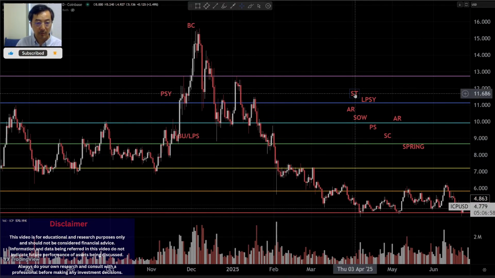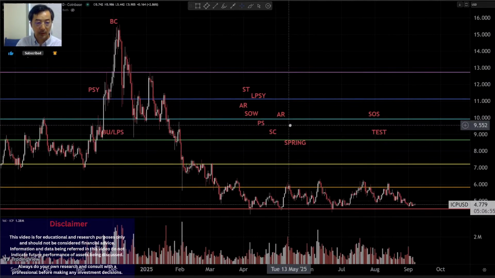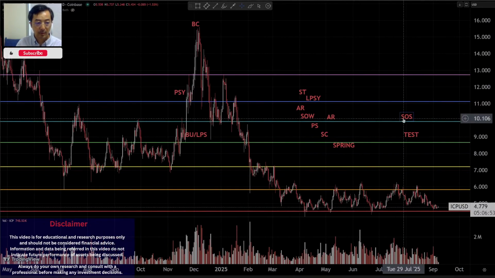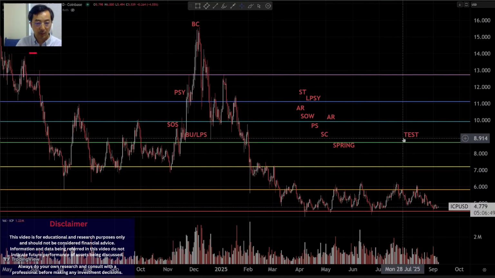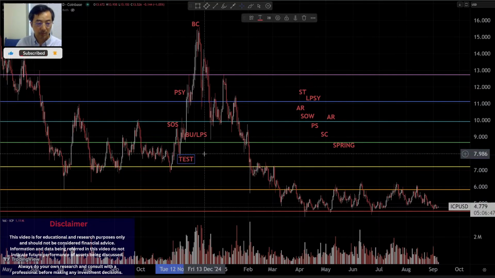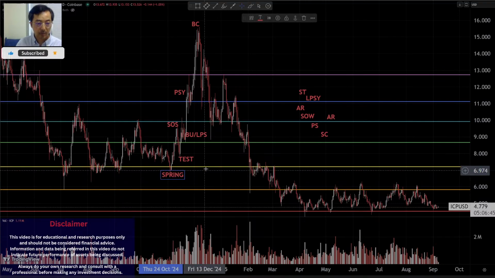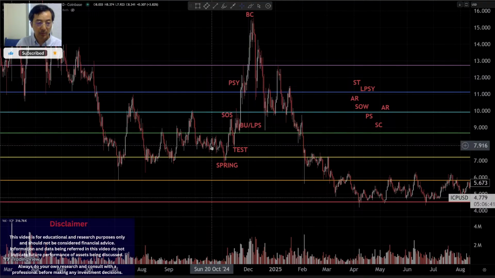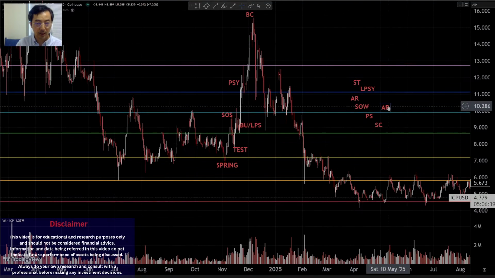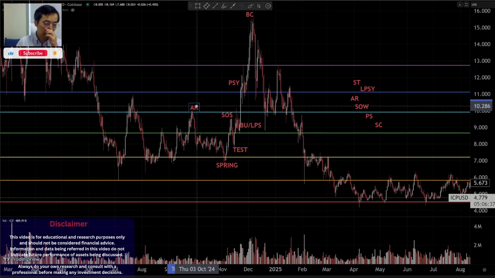This one is a bit tricky. Let's say that's the sign of strength right over there. And then there was another test before the jump, and a spring right over there. A couple of tests. I don't want to make the chart too busy by adding a bunch of tags over there. Let's say that's not even the automatic rally.